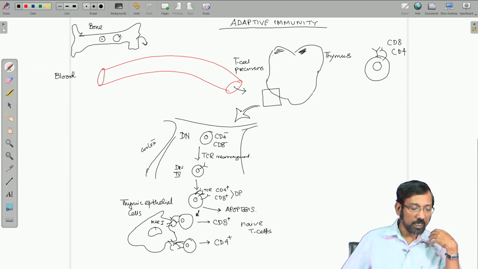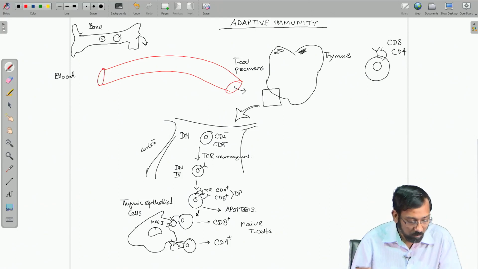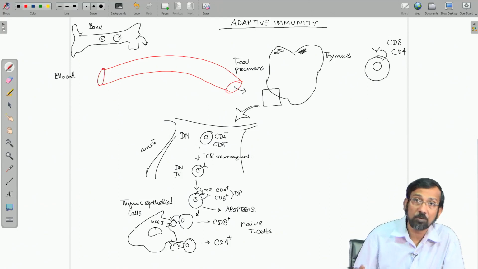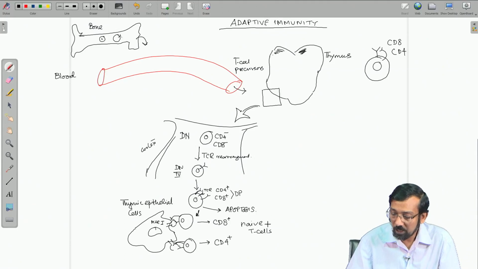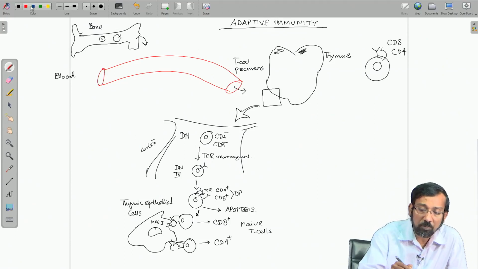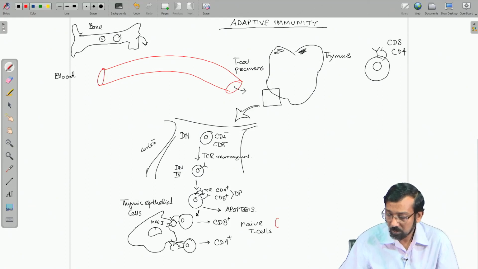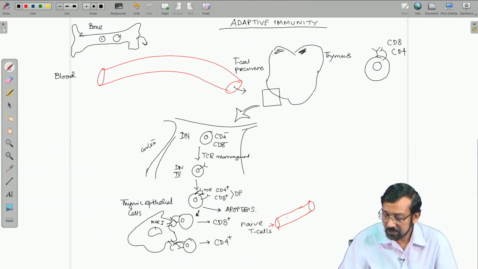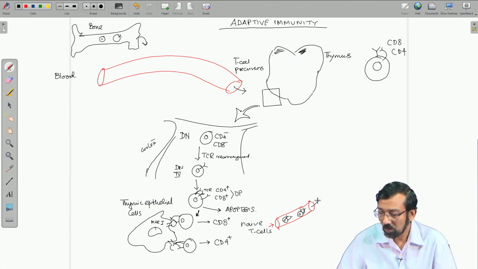Those which are selected as CD4 or CD8 plus cells will now leave the thymus. So, these are the naive T cells expressing either CD8 or CD4.